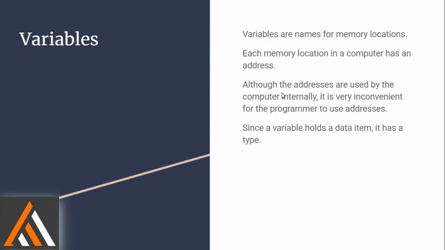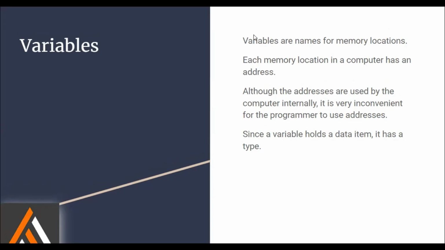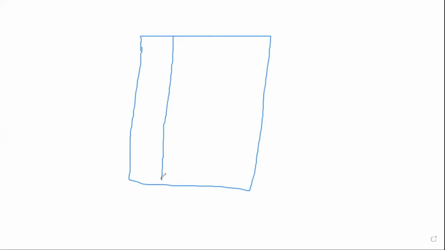So it is very difficult to imagine because there is no representation of it. So I'll give you a quick diagrammatic representation of that. So look, this is the RAM and it is divided into chunks, or you can say memory blocks.